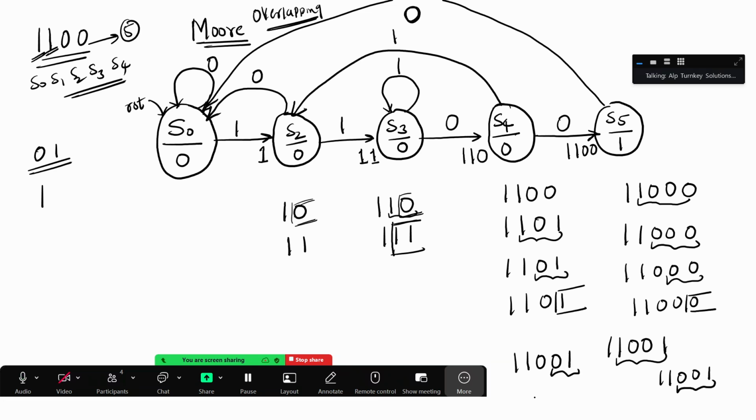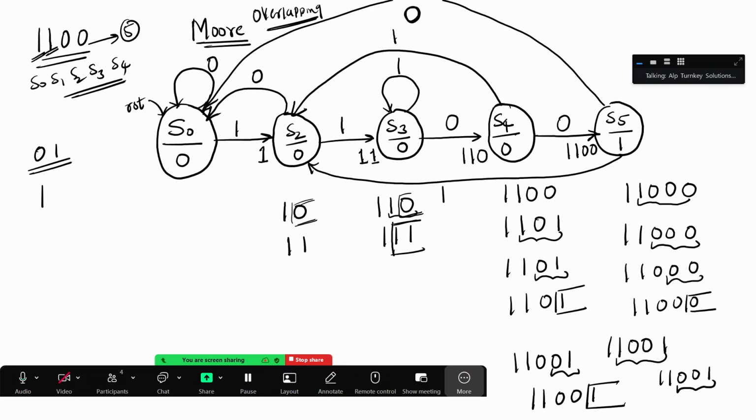Not matching. 1 1 0 0 1, 1 bit is matching, yes. Since this is overlapping, 1 bit is matching. So if it is 1, it will come to S1.